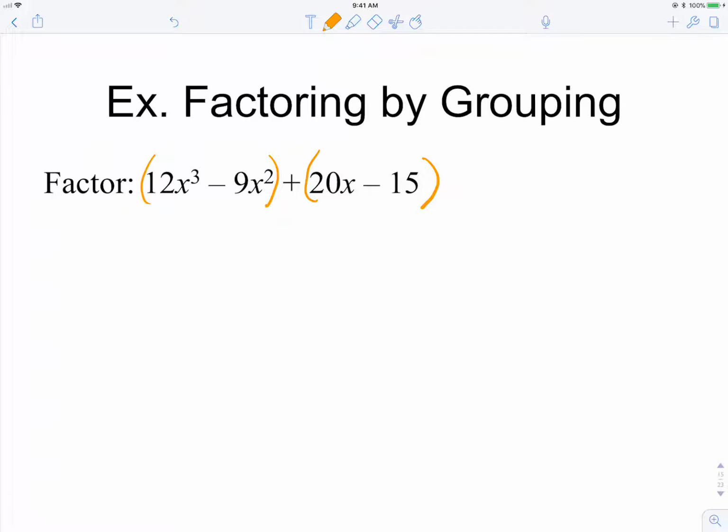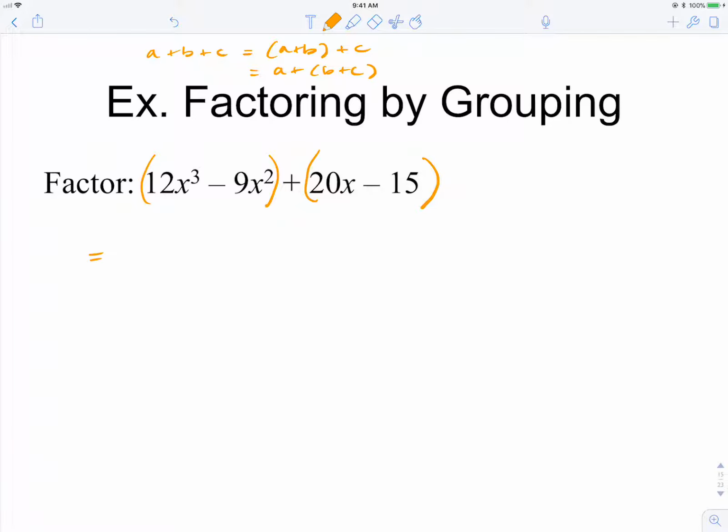Okay, remember the associative property of addition says that if we have a plus b plus c, that's going to be equivalent to the quantity a plus b, and then plus c, which is also equivalent to a plus the quantity b plus c, where we can reassociate those terms. So all I've done is group the first 2 terms in this polynomial together and the second 2 terms.